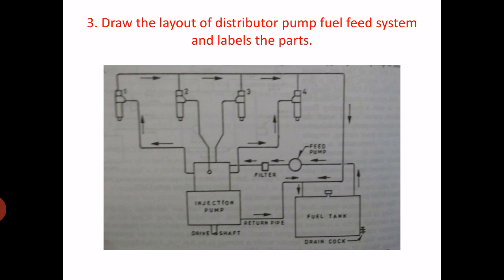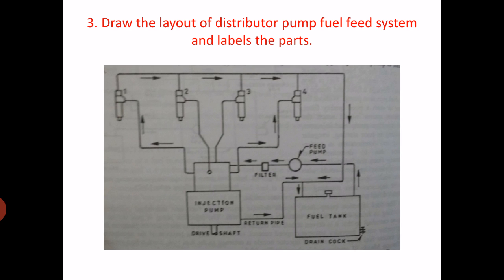Now the working of this distributor type fuel feed system. The fuel feed pump is operated by the camshaft. It draws the fuel from the fuel tank and through the filter supplies it to the distributor pump. When the distributor pump operates, high pressure fuel is supplied to the distributor, and this rotating distributor distributes the fuel to the particular injectors as per the firing order of the engine, and fuel at high pressure is injected into the engine cylinder.